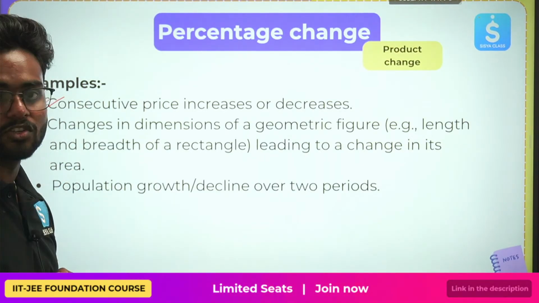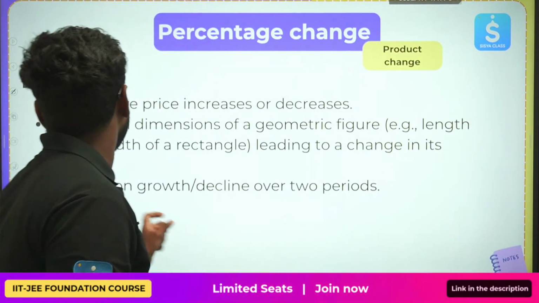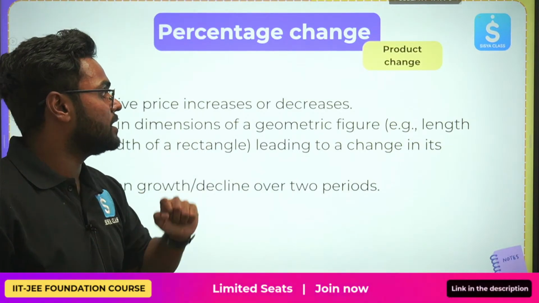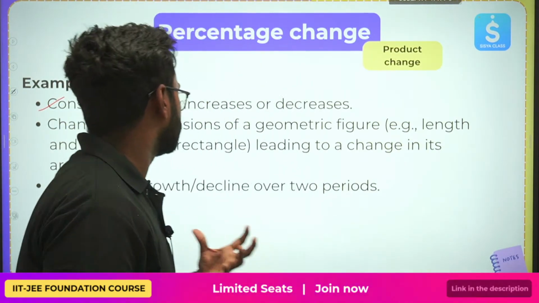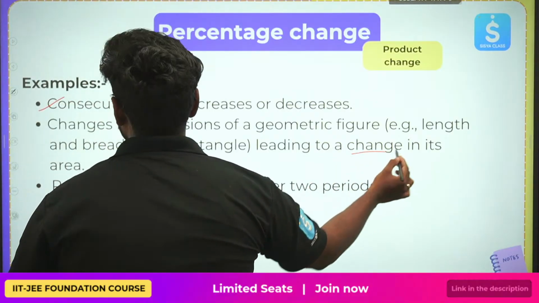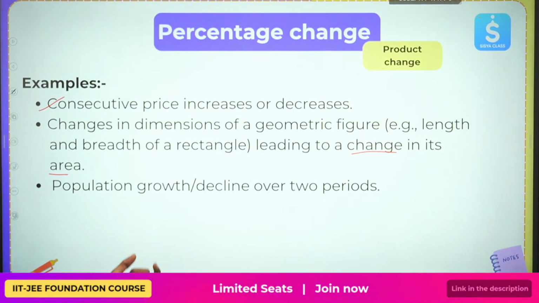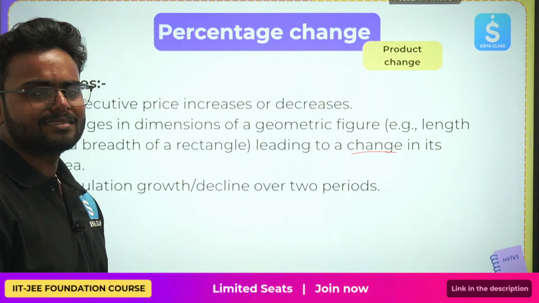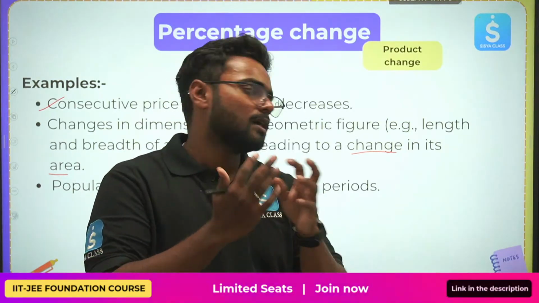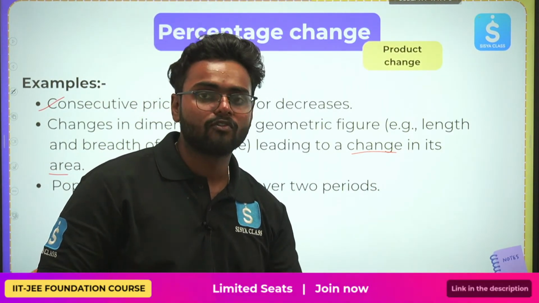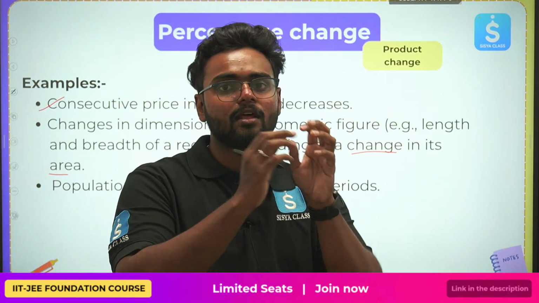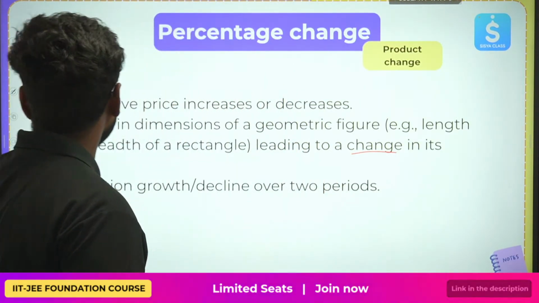If you see prices increasing or decreasing, this can be applied. And in changes in dimensions of geometric figures, like if length and breadth are varied, the area is varied, leading to a change in its area. Population growth or decline over two time periods. If you are comparing the population growth or decline, you can use this formula to find the final increase or decline.